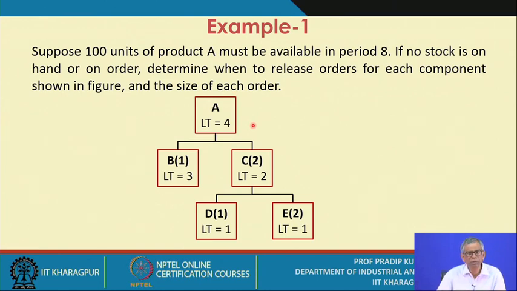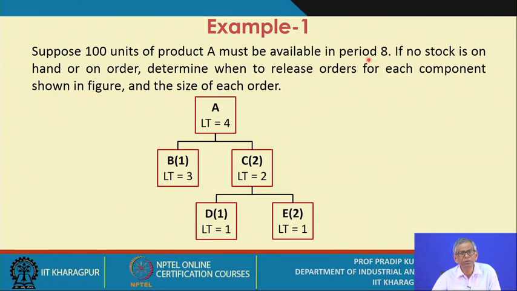Now here is an example. Now we'll be explaining all the aspects of certain numerical problems which we have taken up. So this is numerical example 1. Suppose 100 units of product A must be available in period 8.